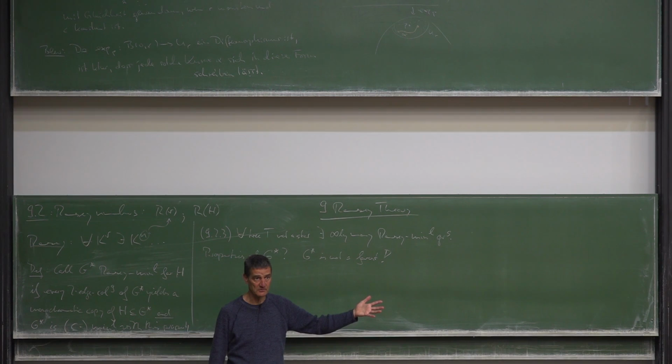Do it in every component. That will not have a monochromatic H as long as H is a tree that is not a star.